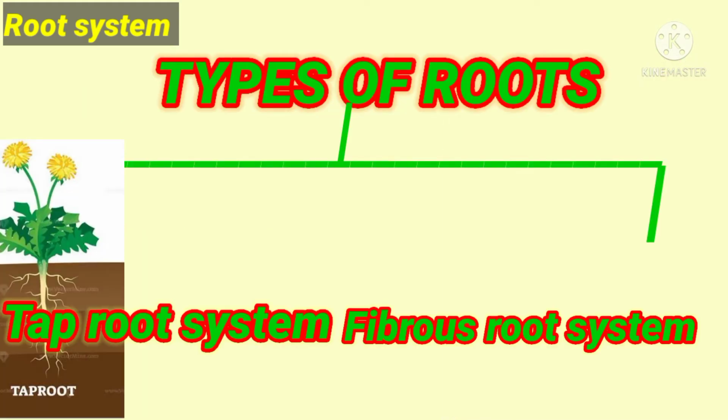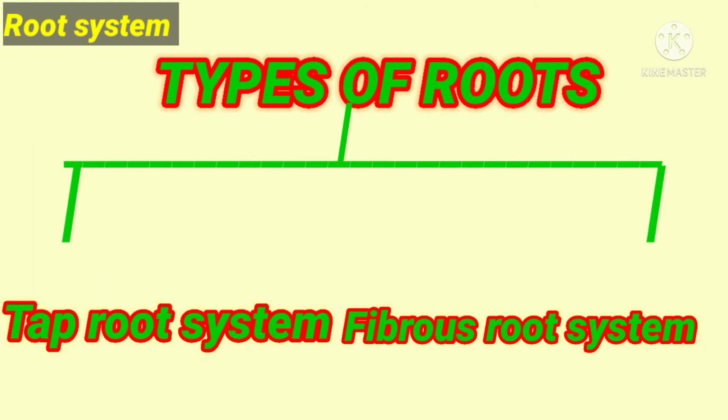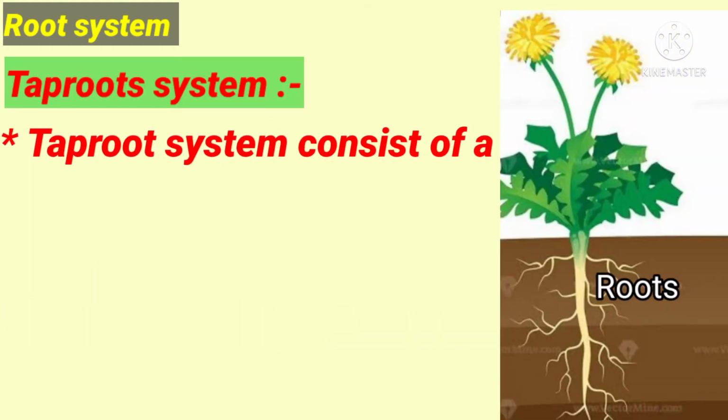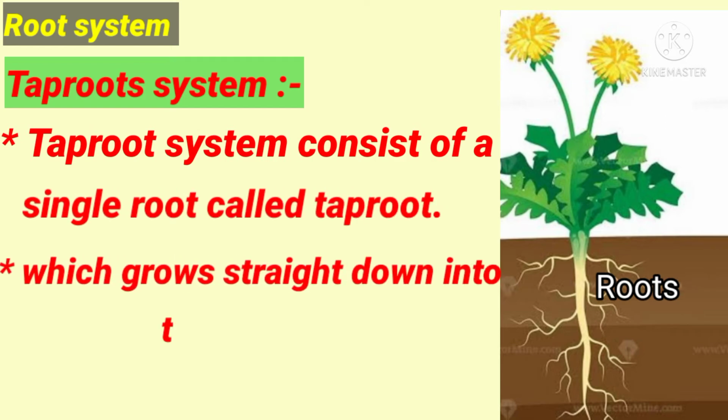Types of roots: taproot system and fibrous root system. Now let us learn about the taproot system. The taproot system consists of a single root called the taproot, which grows straight down into the ground.